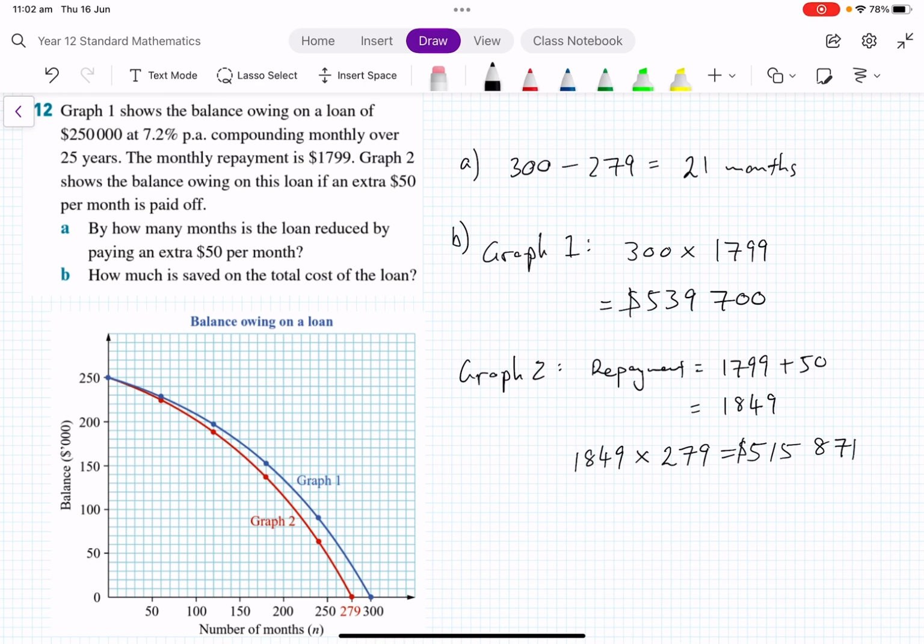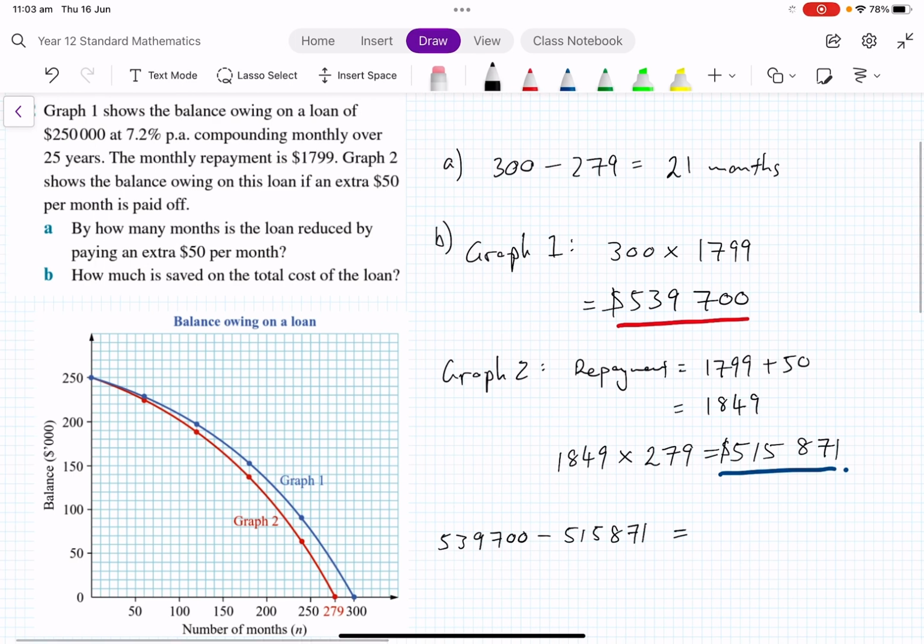Now, how much have we saved? The first one is 539,700. The second version is 515,871. What's the difference? Actually quite significant, for only $50. A few coffees here or there, a couple of lunches out, a movie here or there. You just don't do that and you put it into your loan. You stay home and watch that, or you bump down your phone plan. You don't get the latest iPhone, you get the less new iPhone.